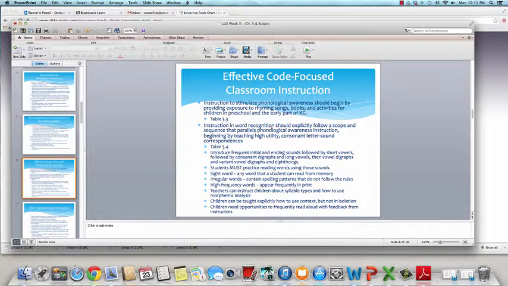So that has to be an essential underlying component before you even start the classroom instruction, that you're going to differentiate the instruction, make things different for the children's needs, and individualize the instruction based on the children's needs. So phonological awareness, you begin with rhyming and you progress through these skills.